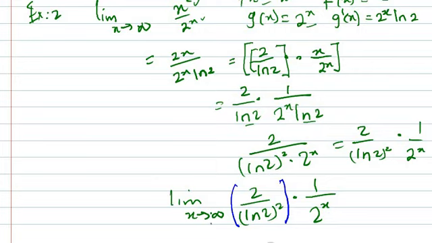As x goes toward infinity, if we have, let's say, 1 by 2 power 100, then 1 divided by 2 exponential of 100 is almost closer to 0.